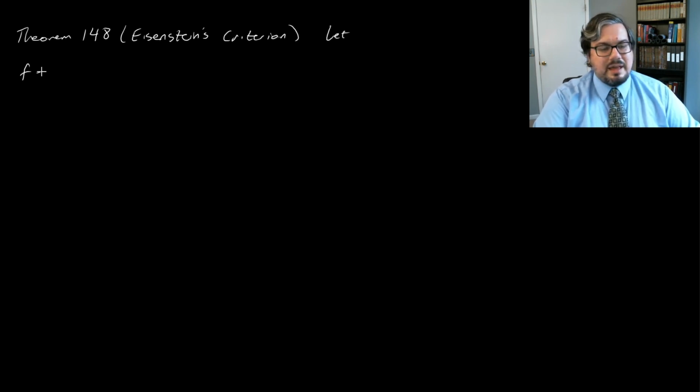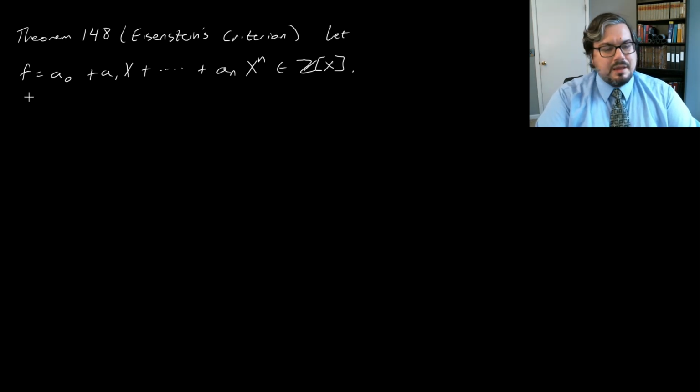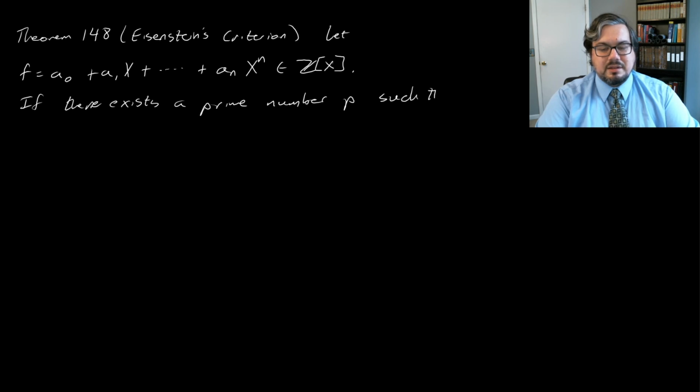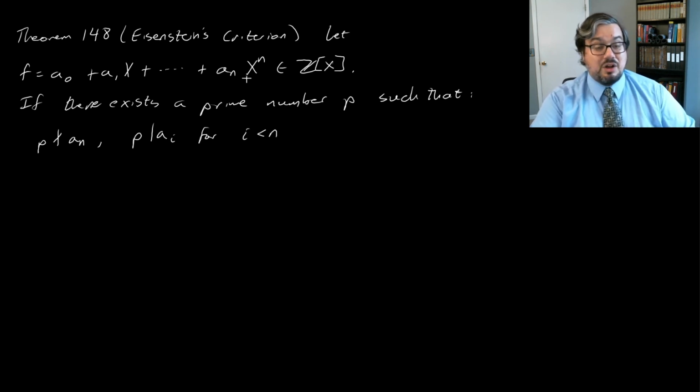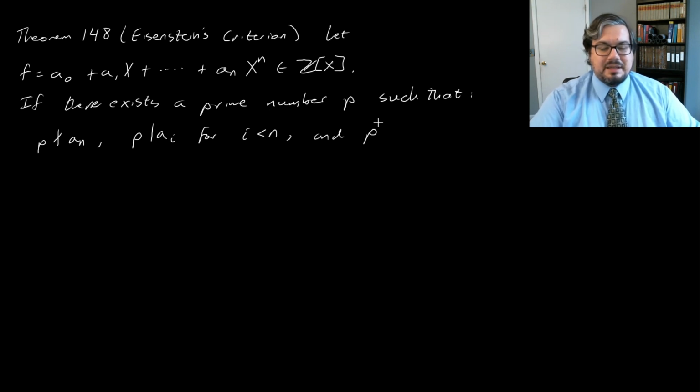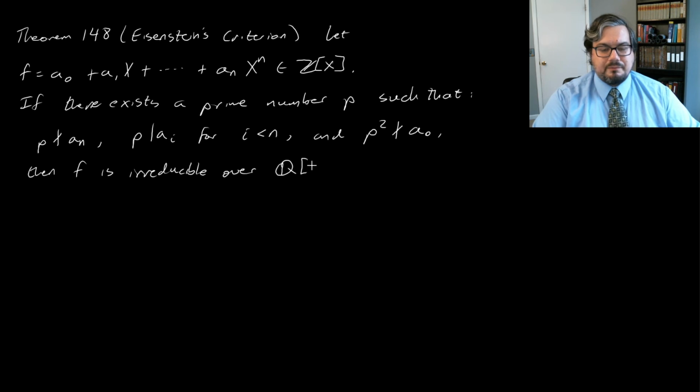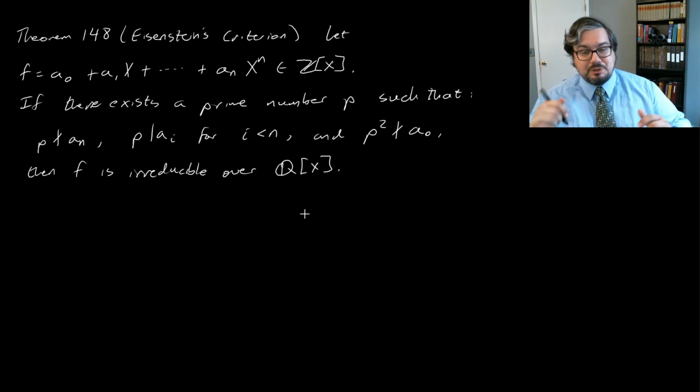It says: let f be the polynomial a0 plus a1x plus and so on plus an x to the n in the polynomial ring over the integers, and if there exists a prime number p such that three conditions hold: p does not divide an, the leading coefficient; p does divide ai for i less than n, so it divides all of the other coefficients of f; and p squared does not divide a0, then f is irreducible over Q adjoin X. And therefore, if f is primitive, then it's also irreducible over Z adjoin X.